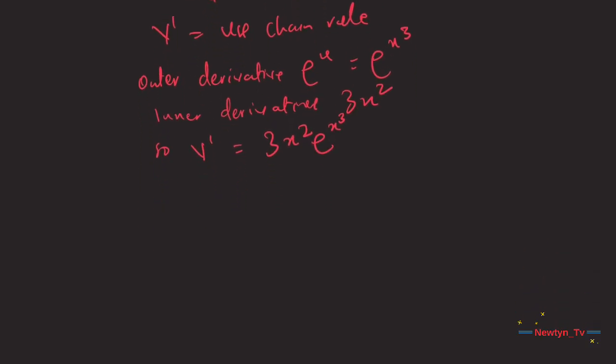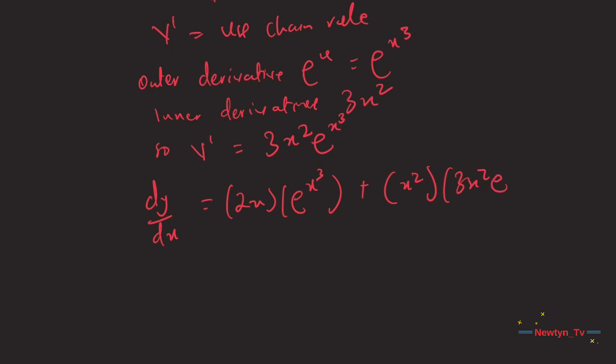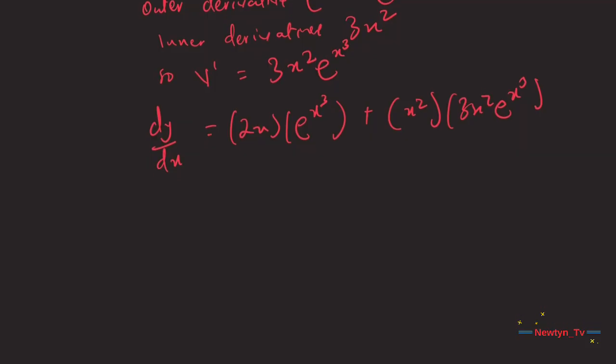So now that we have figured all these things out, we can go ahead and use the product rule: dy/dx will be equal to 2x multiplying e exponent x cubed plus x squared multiplying 3x squared, then e exponent x cubed. Then when we are done with this, we have to simplify it to get the lowest answer.